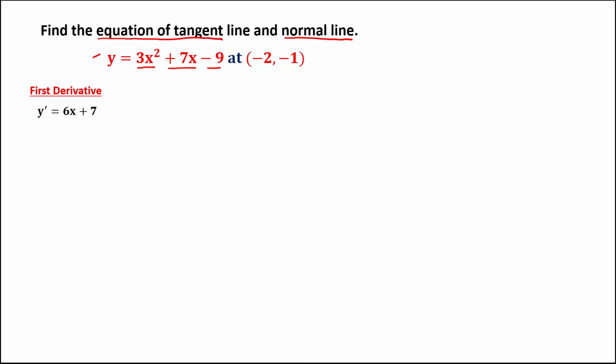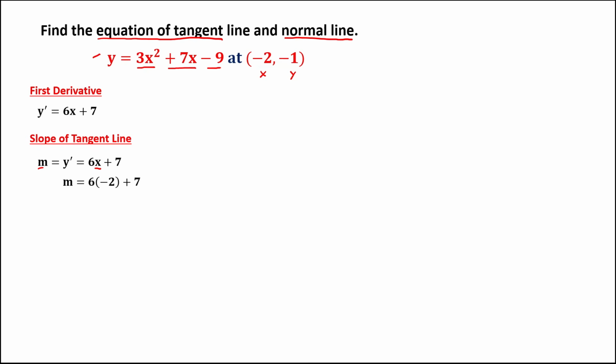Then from this first derivative, we can now find the slope of the tangent line, because the slope of a tangent line is equal to the first derivative, and this is equal to 6x plus 7. Then to solve for the slope from the given coordinate, this is x and y, we need to substitute negative 2 for x. So m equals 6 times negative 2 plus 7.